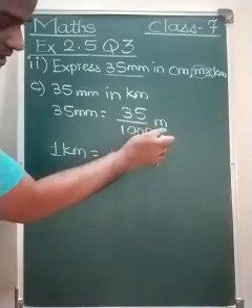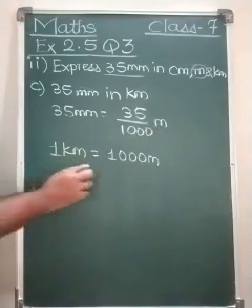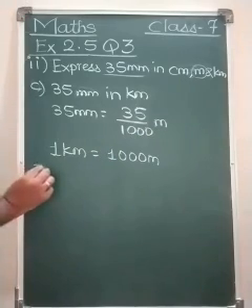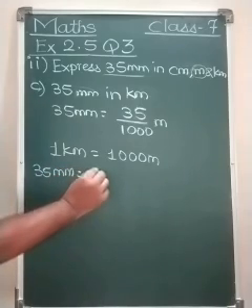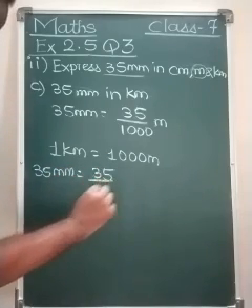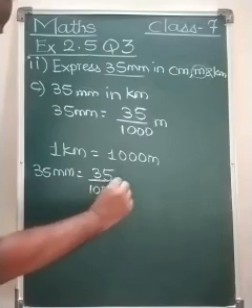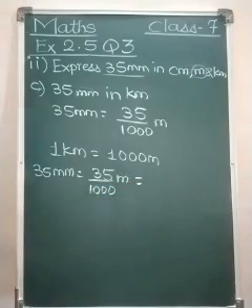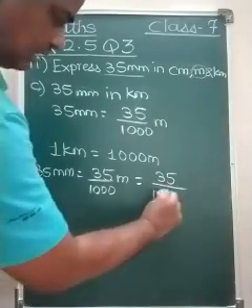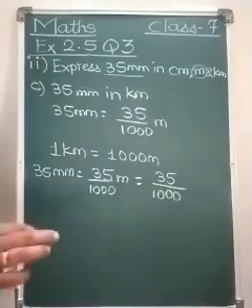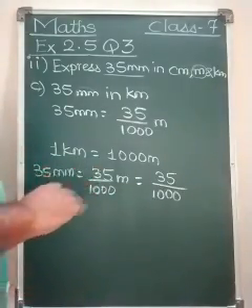1 kilometer equals 1000 meters. Why? Because this millimeter is to be converted into kilometers. Again the same thing, 35 millimeter equals 35 upon 1000 meters equals 35 upon 1000. Now just we have to decide whether we have to divide or we have to multiply.